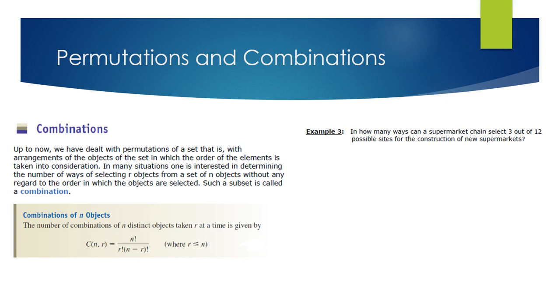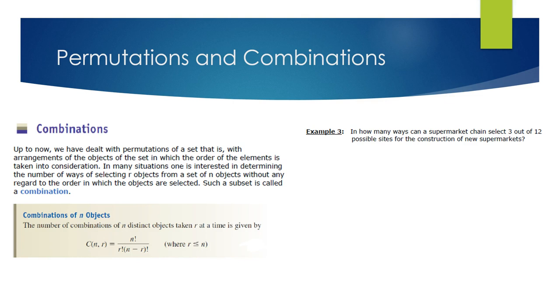So if it says here, like in example 3, in how many ways can a supermarket chain select 3 out of 12 possible sites for the construction of new supermarkets? So for instance, if they say, I'm going to choose Pittsburgh, Philadelphia, and Harrisburg, does it matter if they say that or say, I'm going to choose Harrisburg, Philadelphia, and Pittsburgh? No, it doesn't. It's the same 3 cities.